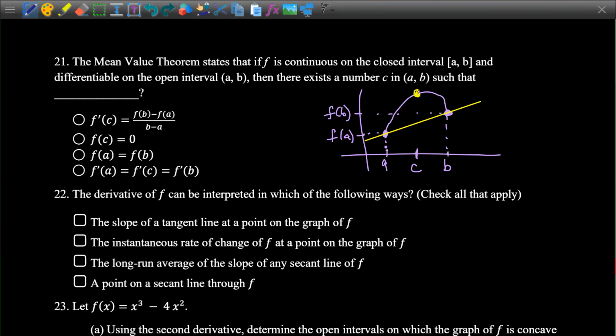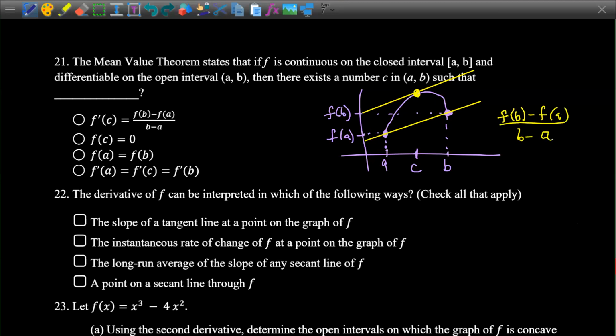such that f prime of c is equal to the slope of that yellow line that I drew, which is to say the slope of that tangent line, which is given by the derivative of f evaluated at c, and it is equal to the slope of the yellow line, which is going to be the change in y, f of b minus f of a, over the change in x, which is b minus a.